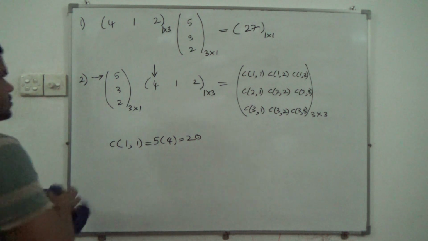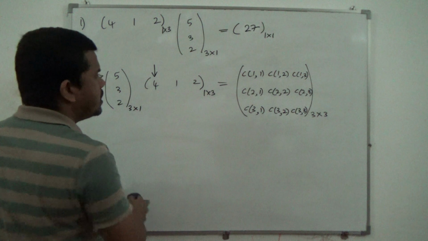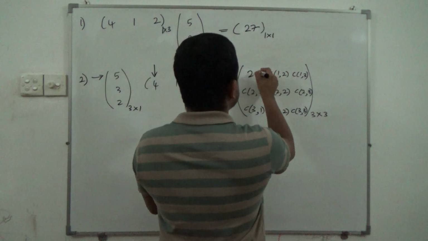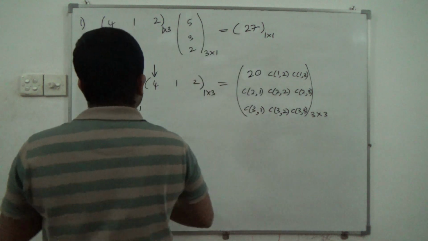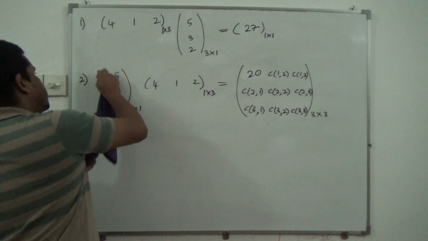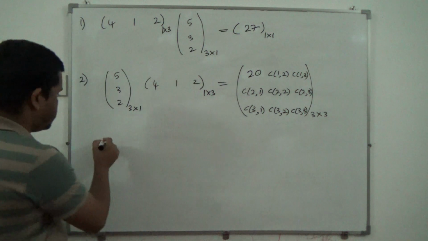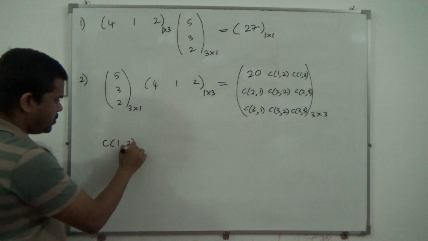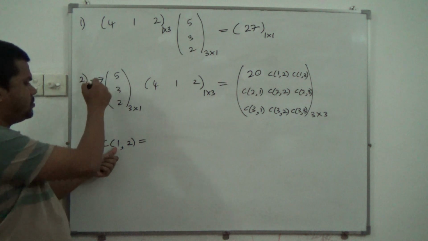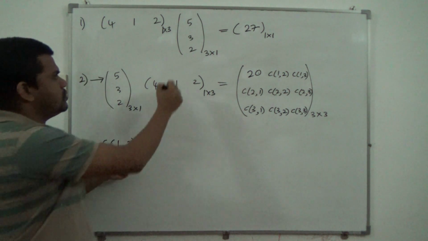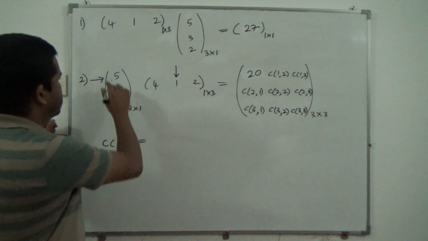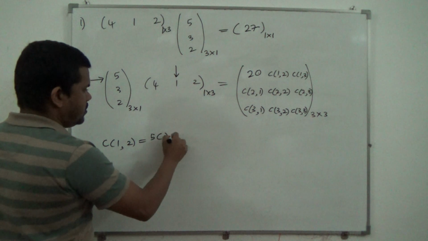Now the answer is 20 here. Now we have to find C1,2. In the first matrix, row number 1, in the second matrix, column number 2. Five into 1, 5.